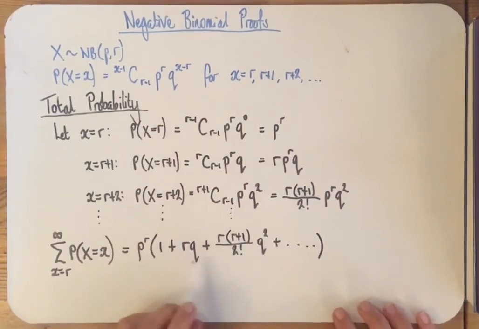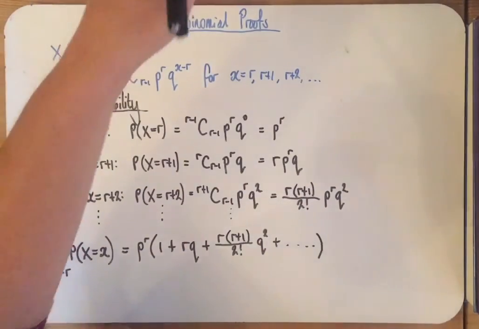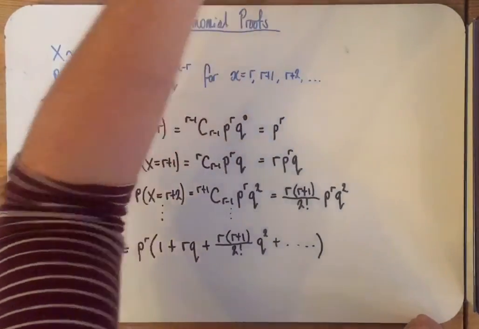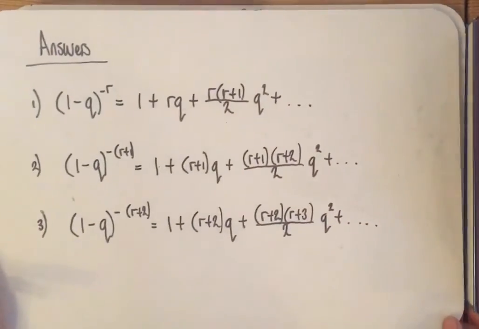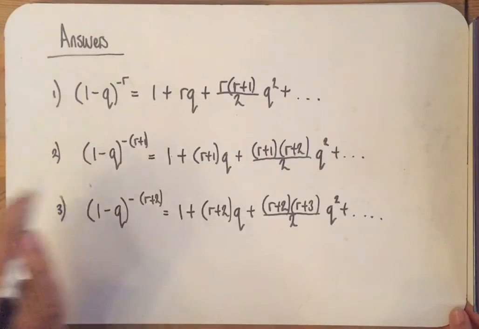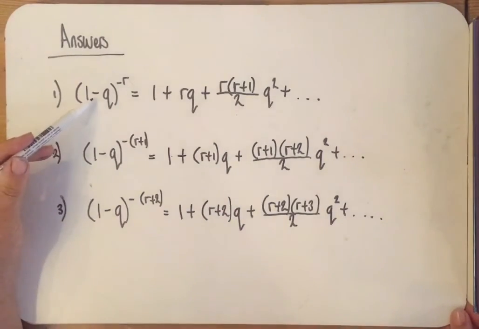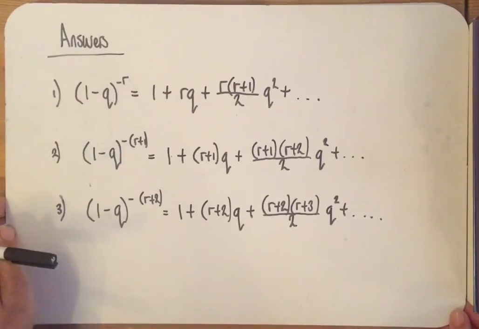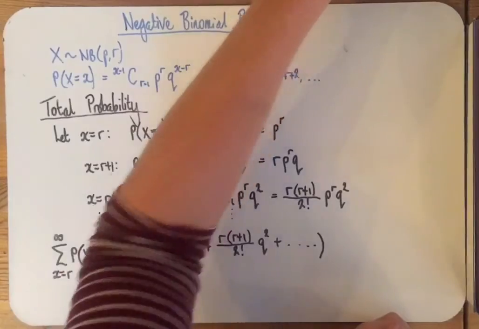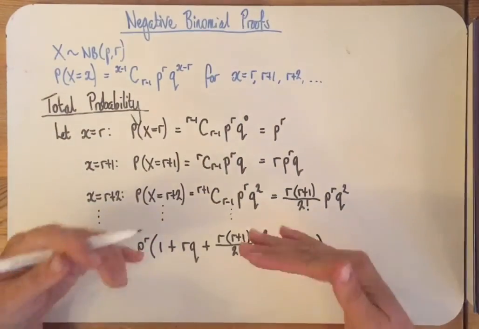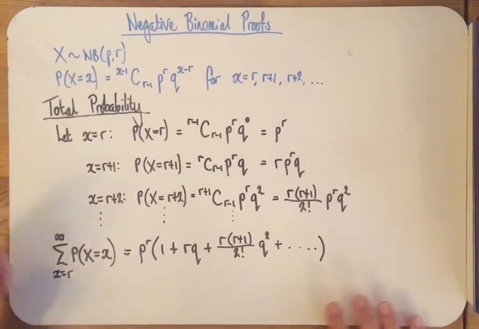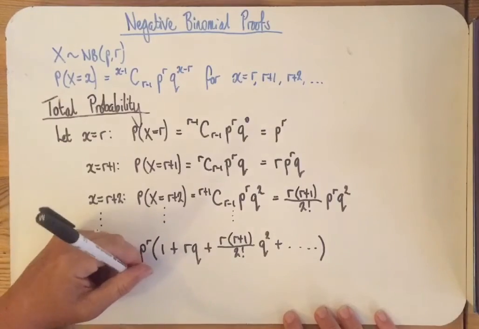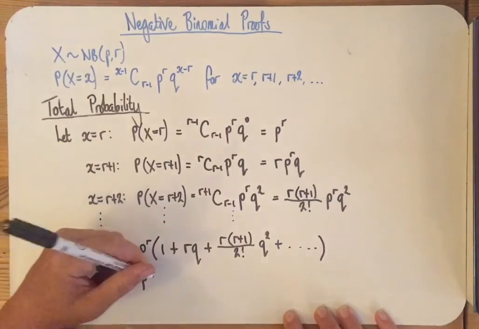If you look at what we've got here, this is exactly the same as one of those questions I put on your lesson starter. So that is the same as this here, which is 1 minus q to the power of minus r. So I can replace this series expansion. You may want to do a couple more terms just to see that pattern for sure, but I decided 3 was enough.